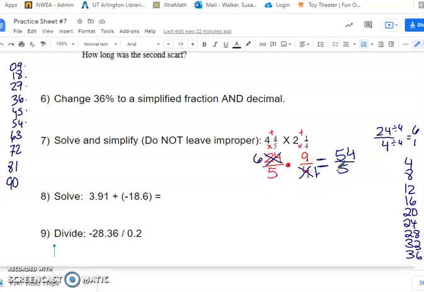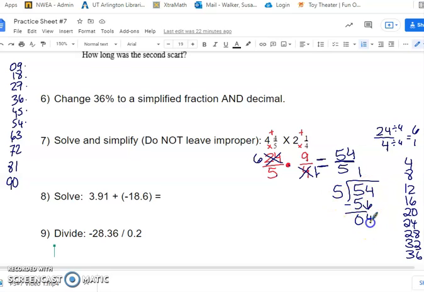And from here we make it mixed. I definitely want to do this with you because we tend to make a mistake when we do this. So 54 divided by 5, right? So 5 into 5, 1. 1 times 5, 5. I have 0 left. Now, I do have to pull down a 4 because there is a number here to pull down.